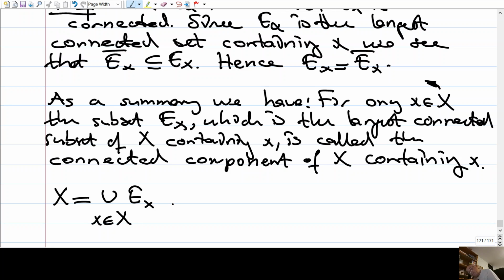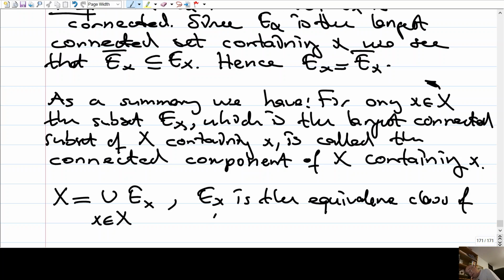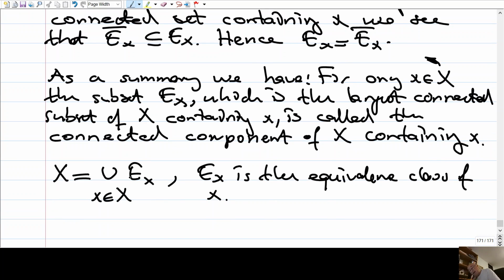Each EX is the equivalence class of x, and we know that if you have two equivalence classes, they are either the same or disjoint.